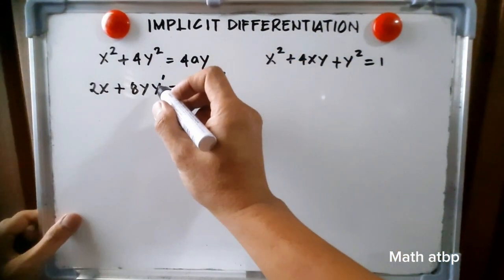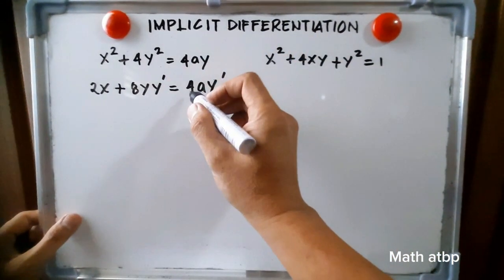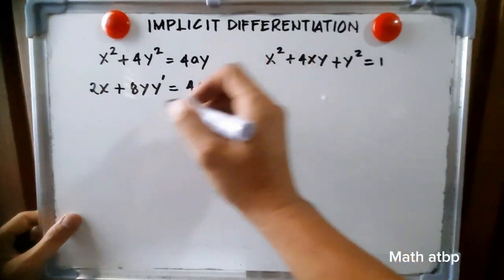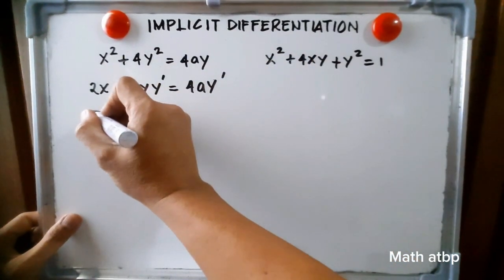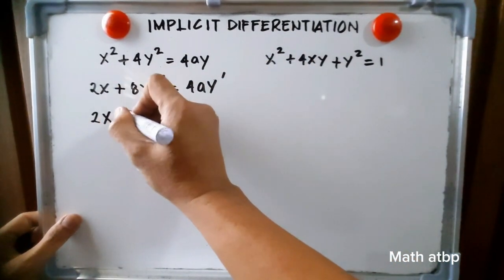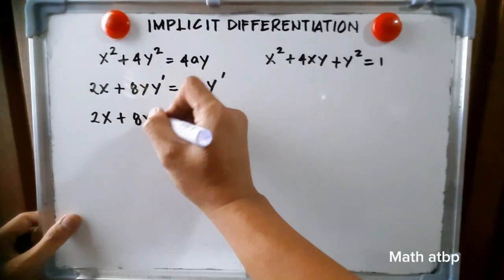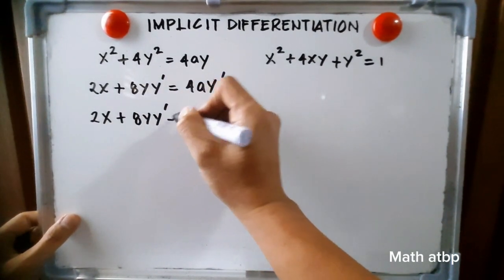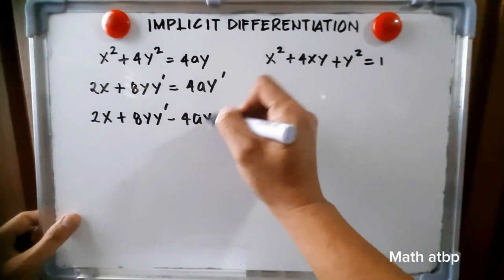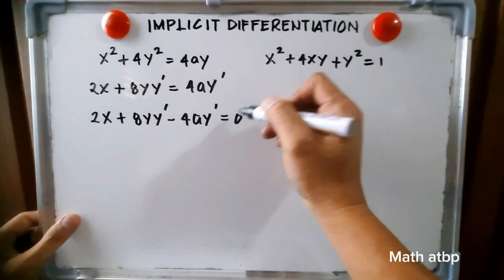Okay, we have here 8y y prime, and on the right we have 4a y prime. Let us combine these terms. 2x plus 8y y prime minus 4a y prime is equal to 0.